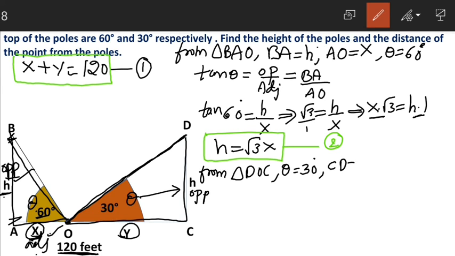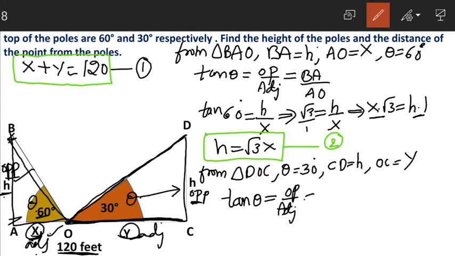So CD is equal to H here, and adjacent to this theta is OC, and OC is equal to Y here. So here also we have to choose the opposite and adjacent ratio. That means I am considering tan theta, which is equal to opposite by adjacent, that is CD by OC.